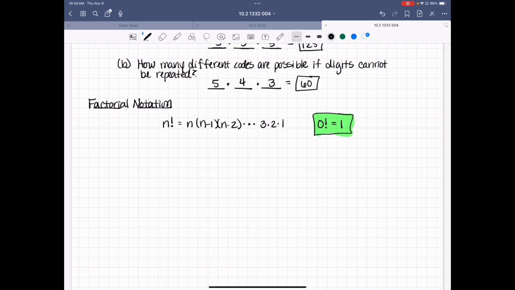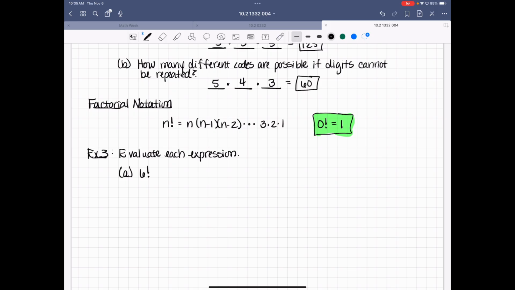So in example 3, we have evaluate each expression. A is 6 factorial.